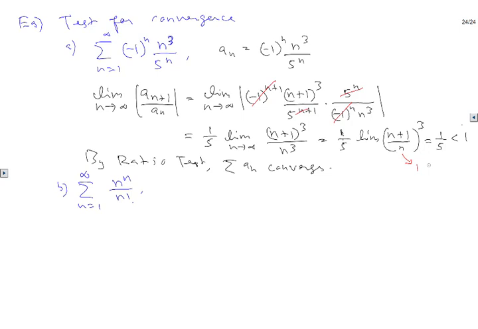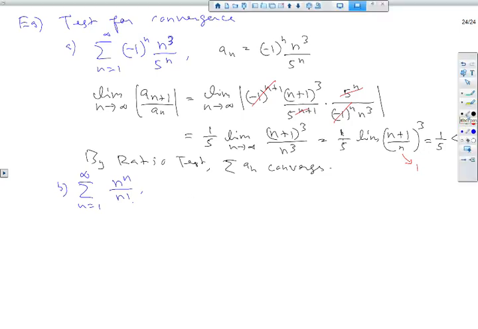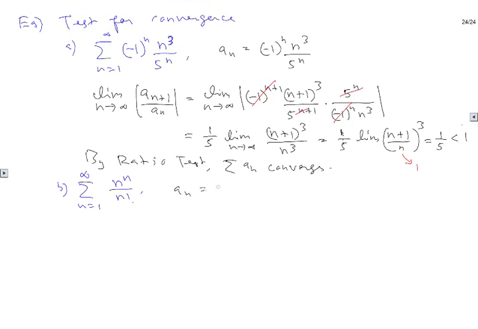Okay, so in this problem again as before, a n equals n to the n over factorial n. So then what's gonna happen, we can do the same thing as before.